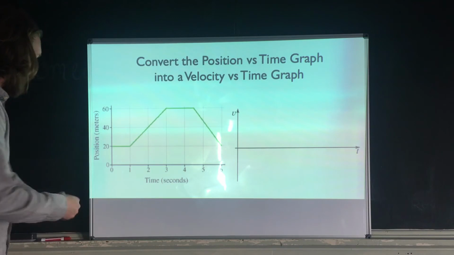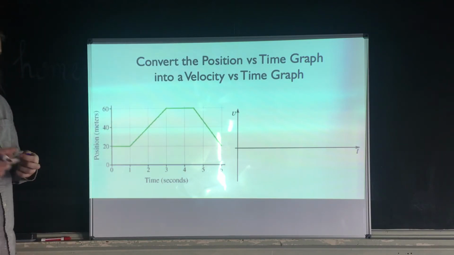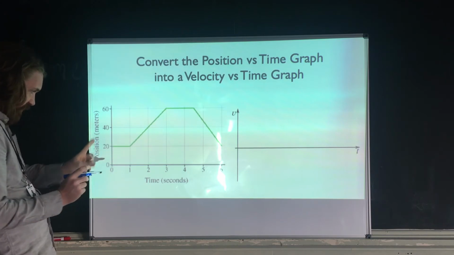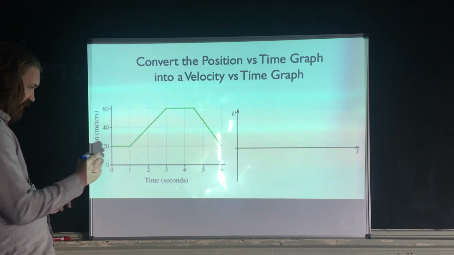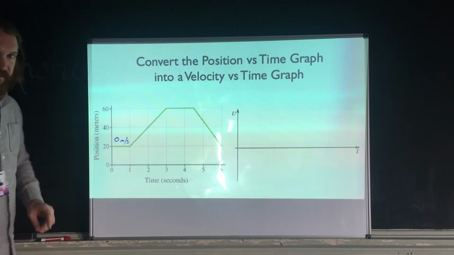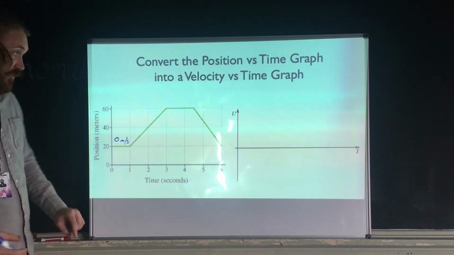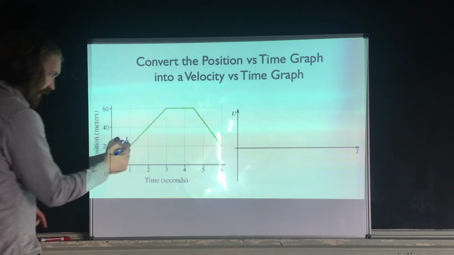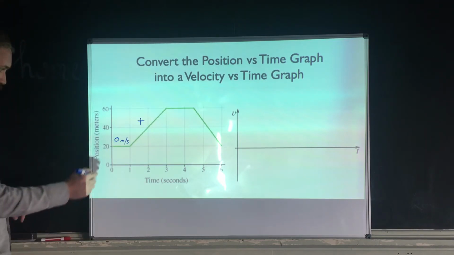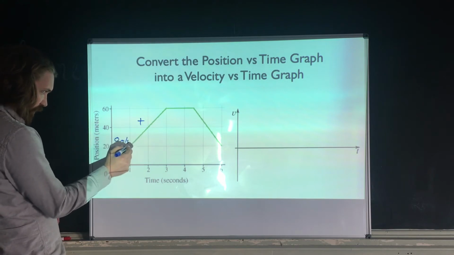Here I have 4 lines, and we can very easily look at them like this. This first one is a position graph. That means that this slope right here is 0. So this is definitely 0 meters per second. This line is going up, which means we're going to have a positive slope. I can tell you real fast that we have rise over run here.